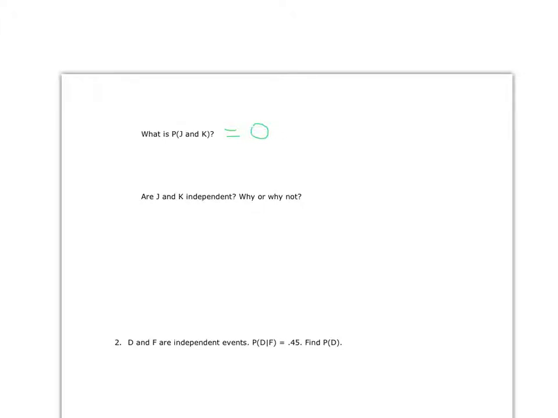Okay, next question. Are J and K independent? Why or why not? We have to do a little bit of work here to figure that out. So let's test to see if the probability of J equals the probability of J given K. We're given that the probability of J is equal to 0.35. And does that equal the probability of J given K?